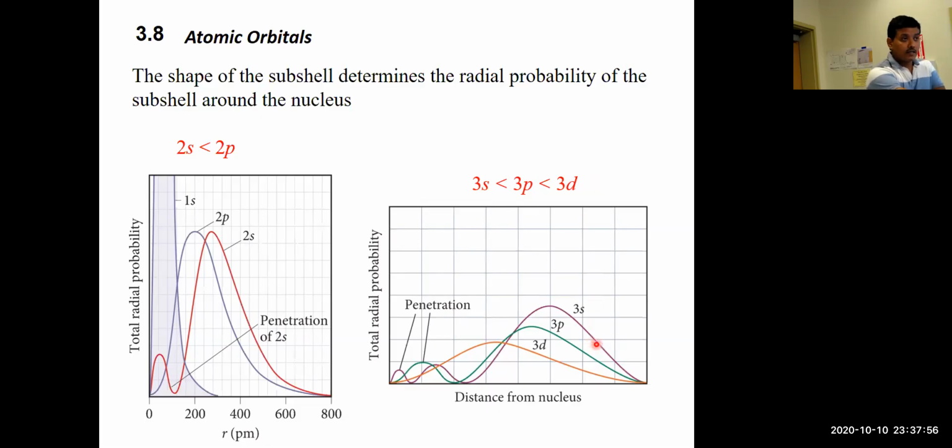Let's follow 3s. 3s has larger radial probability compared to 3p, the green one, and compared to 3d, the lowest radial probability. So they are going to experience these electrostatic attractions from the nucleus at a different capacity based on the number of electrons they have. So these electrostatic attractions are going to be distributed differently.